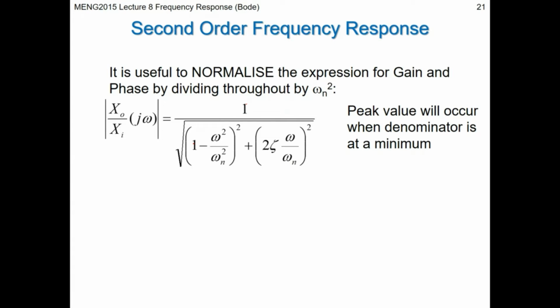So the peak value will occur now. You can see there'll be a peak value of magnitude. It's going to be at its highest possible value when this negative is at its lowest possible value, right? So when the denominator is at its minimum, that's where you're going to get your peak value.